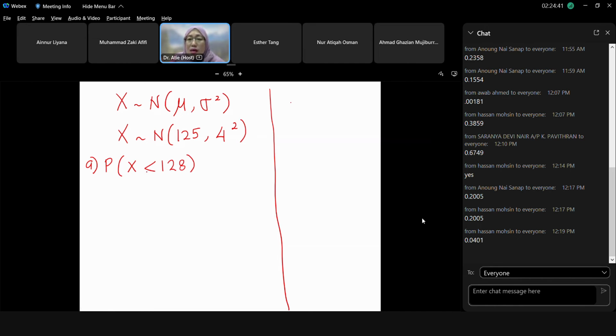I also provide a column on the right for you to calculate Z. To calculate Z, just X minus mu divided by sigma. So X is 128 minus the mean, 125, divided by 4. So Z is equal to 3 over 4, which is 0.75.